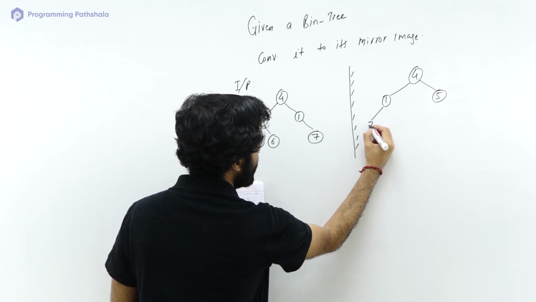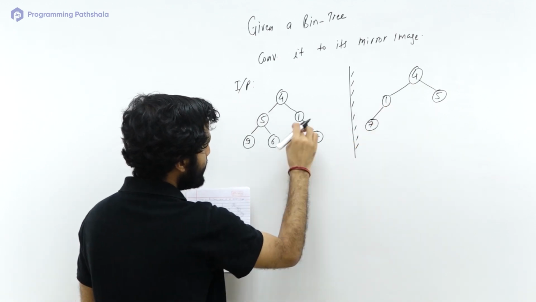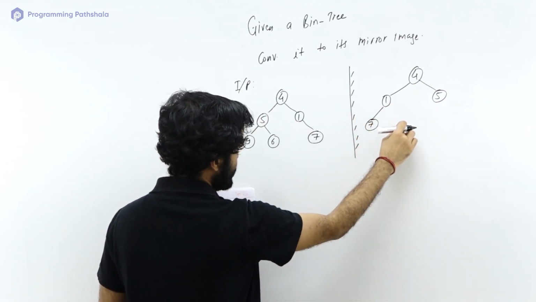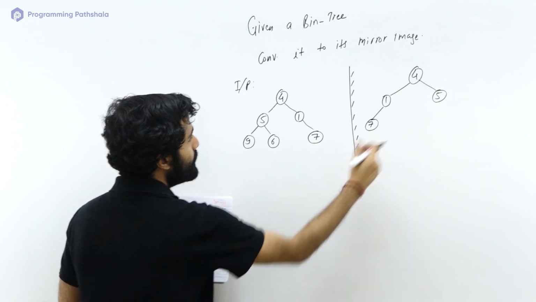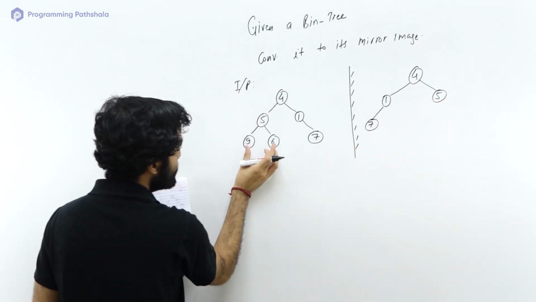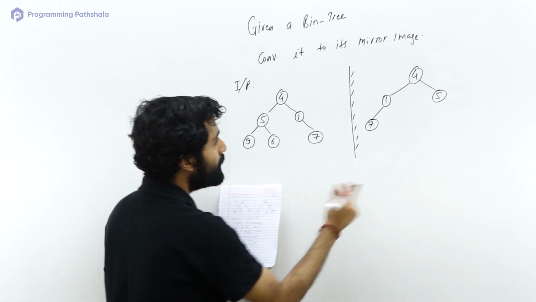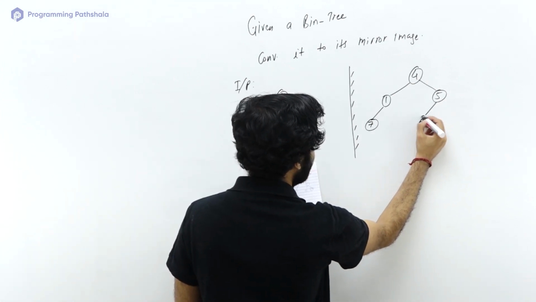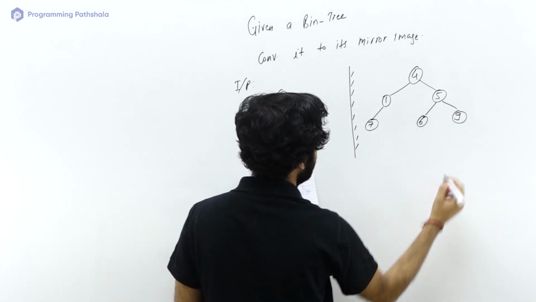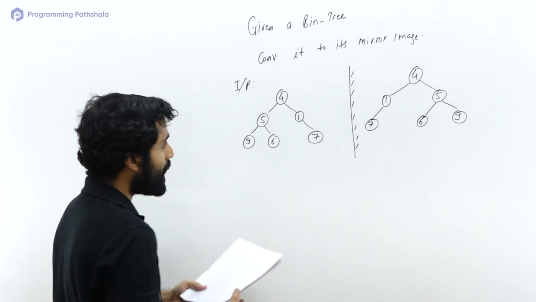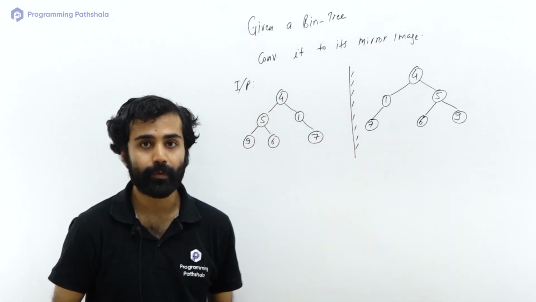So 7 will now appear as the left child and null will now appear as the right child. I'm not drawing that. Similarly here for this 5 also, this 9 and 6 which are the left and right children respectively will get swapped and it will start looking like 6, 9. So this is how the mirror image of this tree will look like.